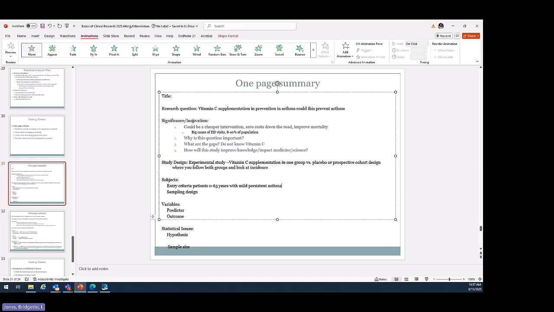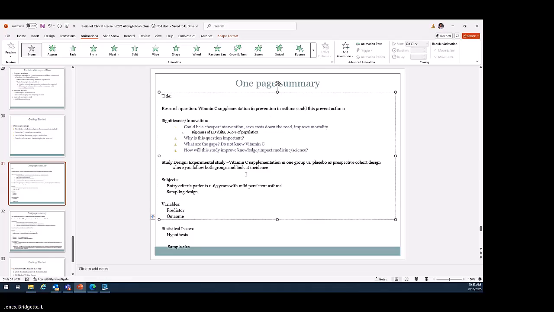So let's go back to your research question. Your research question is whether vitamin C supplementation will prevent asthma. So you might want to think about including people that don't have a diagnosis yet, right? If that's your outcome that you're wanting to see, does it prevent asthma?